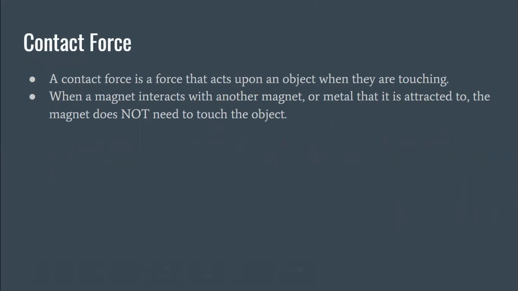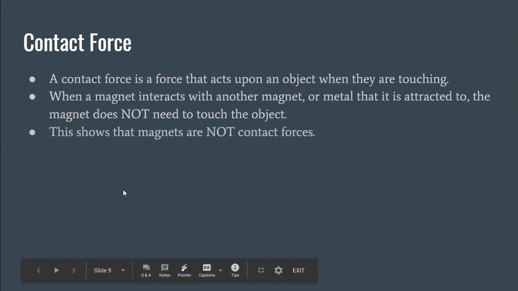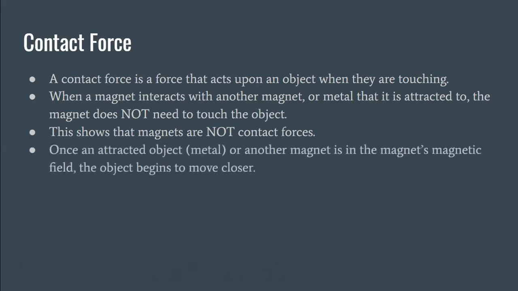The magnet did not need to touch, they just needed to be close together and they would attract quickly together without touching. This shows that the magnets are not contact forces. Once an attracted object or another magnet is in the magnet's magnetic field, the object begins to move closer.